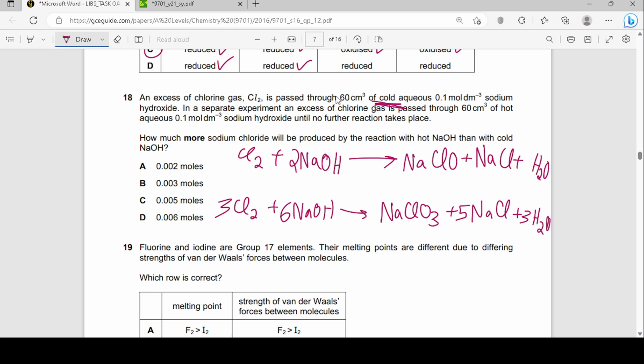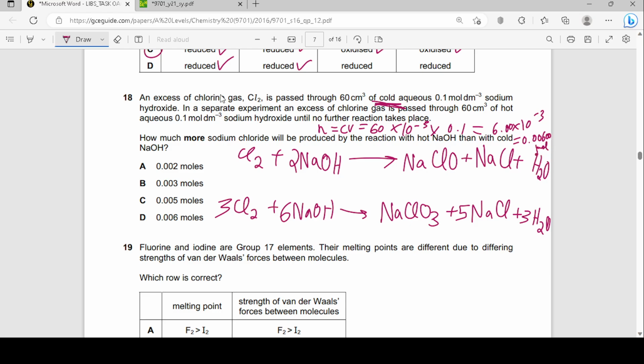And then how many moles of sodium hydroxide do you have? You have n equals CV, right? So it's 60 times 10 to the power of -3 to convert to dm cube, and 0.1 times 0.1. So that is going to be 6.00 times 10 to the power of -3, or you could say 0.00600 moles.